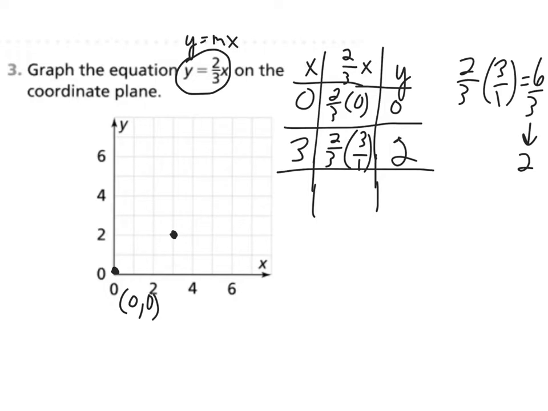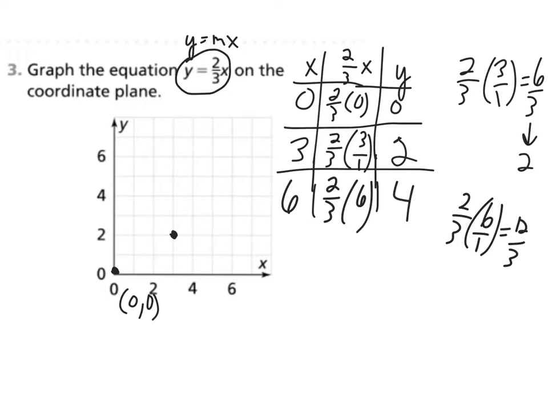Picking some other points, 4 is not going to work well, 5 is not going to work well, 6 is going to work well. So 2/3 times 6, that'd be 12 divided by 3, which is 4. So 6, 4. Hopefully that lines up with my other points here, and it does.